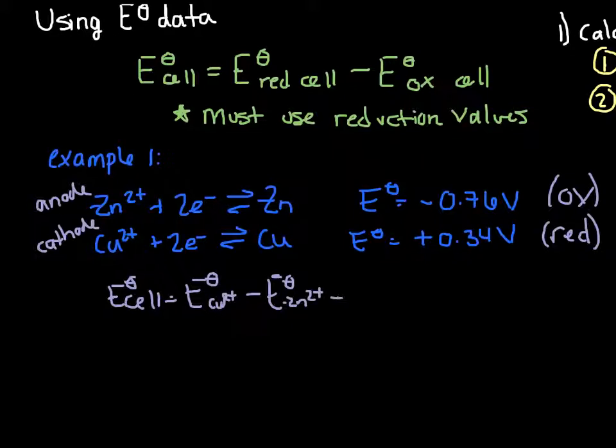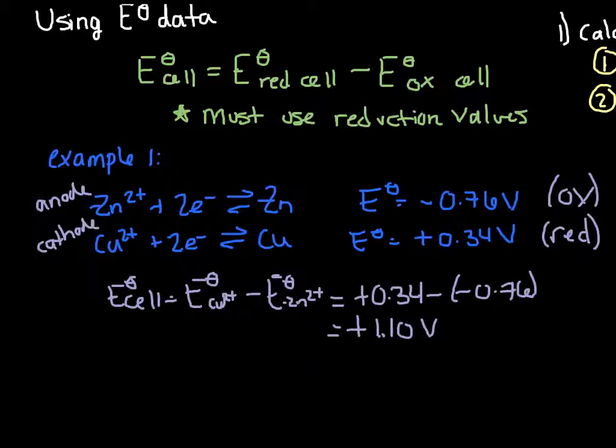So plug in your values. So we have positive 0.34 minus a negative 0.76, and that is going to give us a value of positive 1.10 volts.